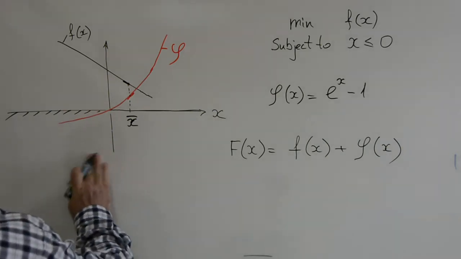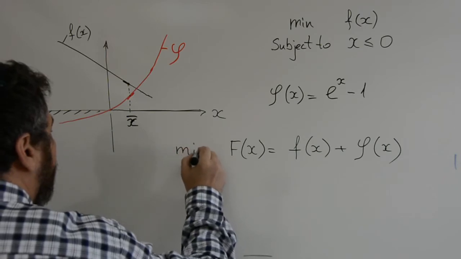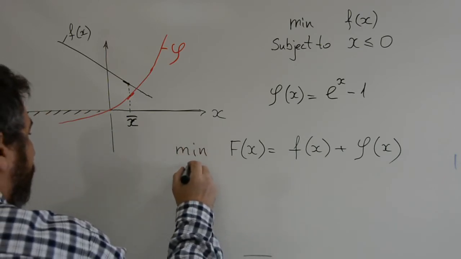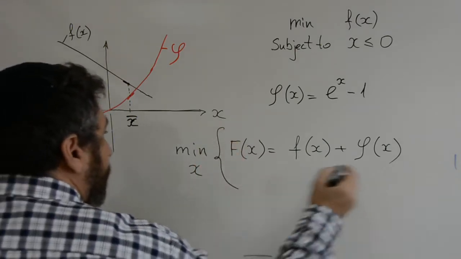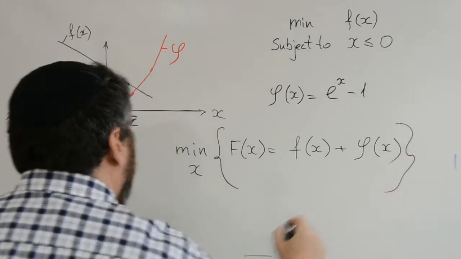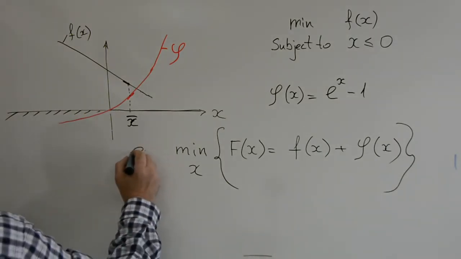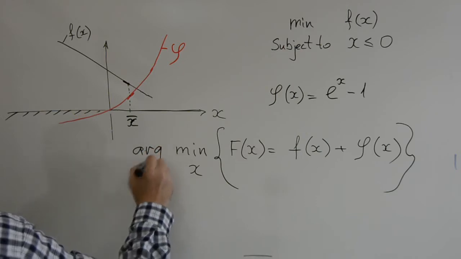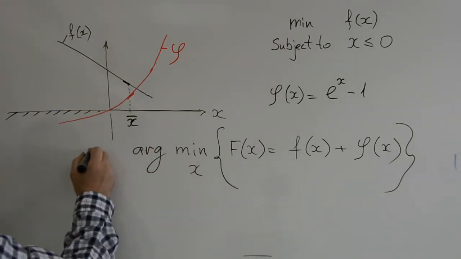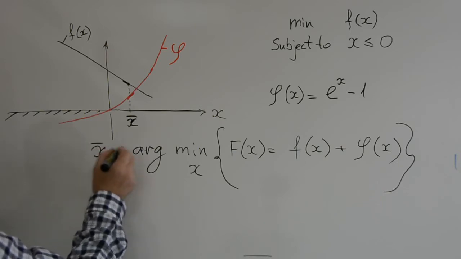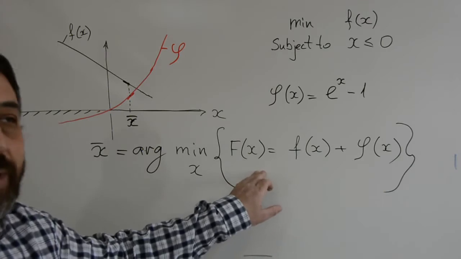And what we do, we minimize this aggregate with respect to x, and the point of minimum we will call argmin of this expression, and we will denote it as x bar. X bar is argmin of our penalty aggregate.